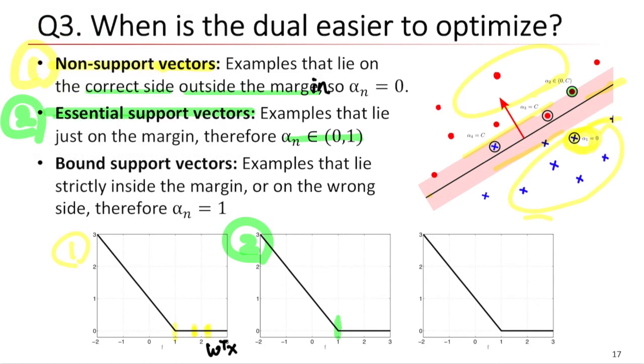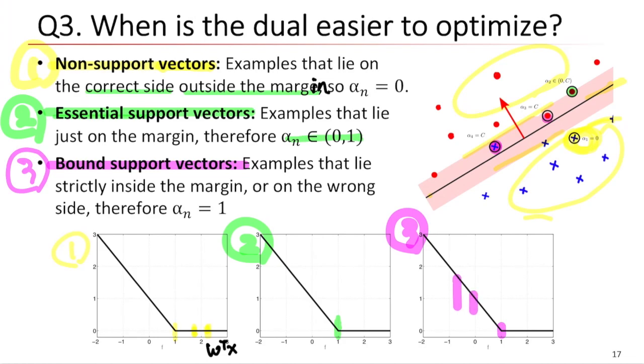The last vector is the bound support vector case, something like this one, that lies strictly inside the margin or on the wrong side, like this one. In this case, they are here, something like this.